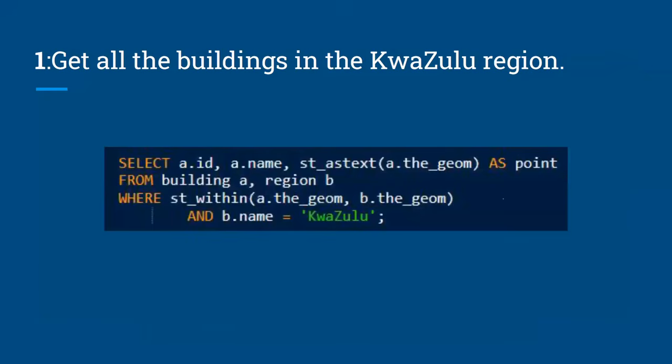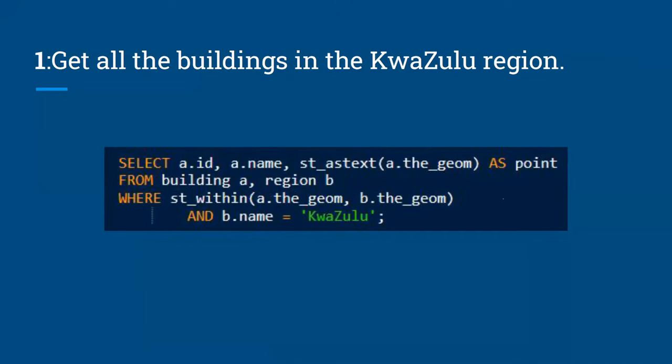We select a.id, a.name, ST_AsText(a.the_geometry), and name that as point, from two tables, building and region.